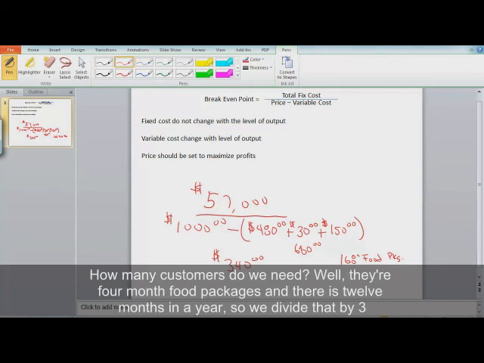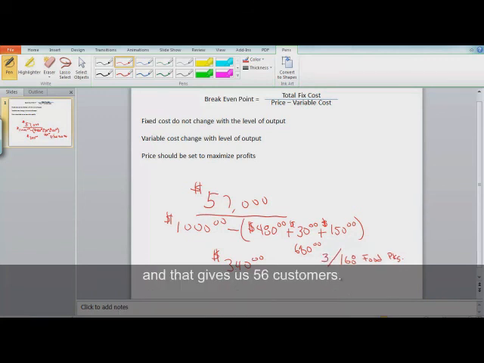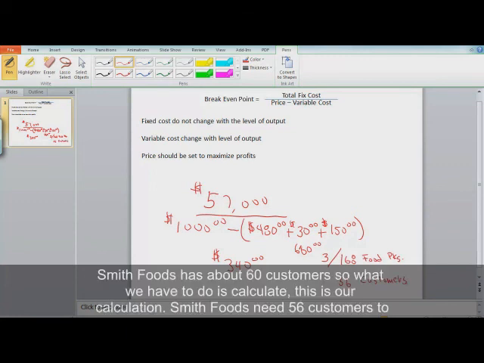How many customers do we need? They're 4-month food packages, and there are 12 months in a year, so we divide by 3, which gives us 56 customers. Smith Foods has about 60 customers.